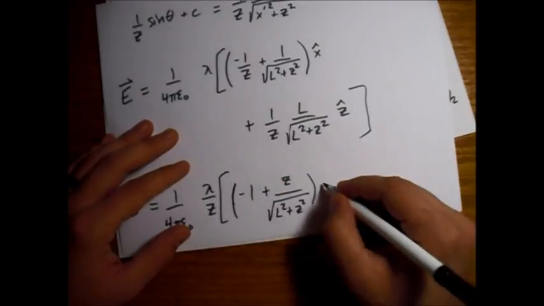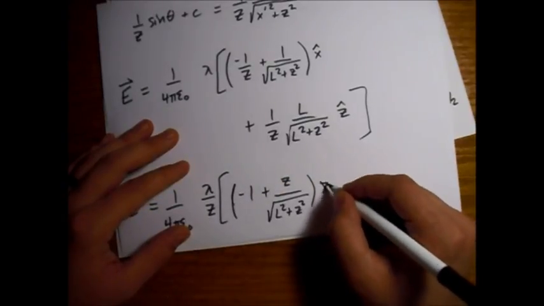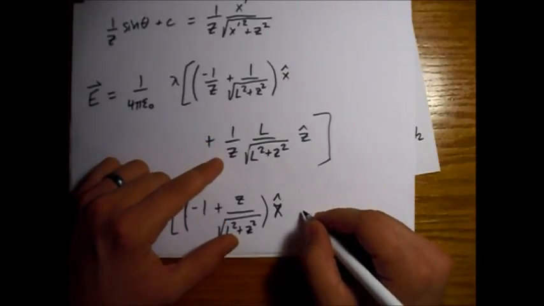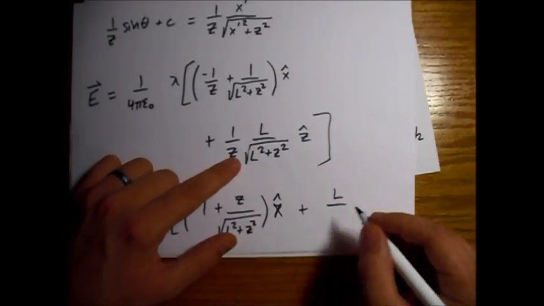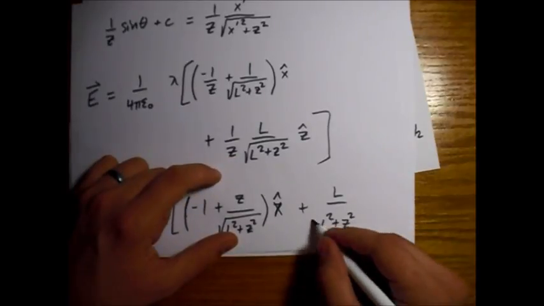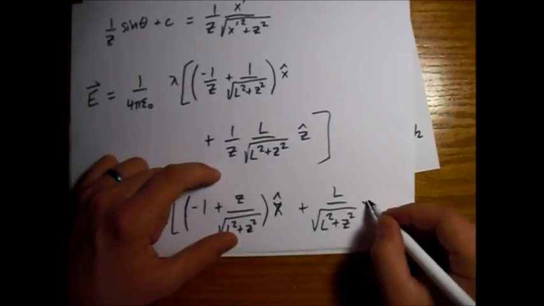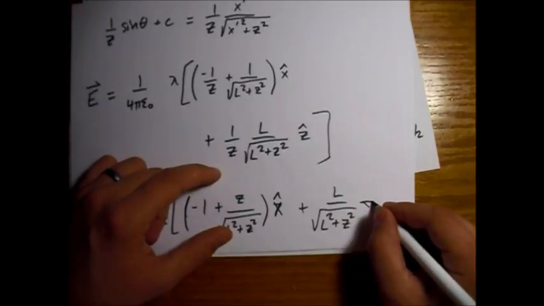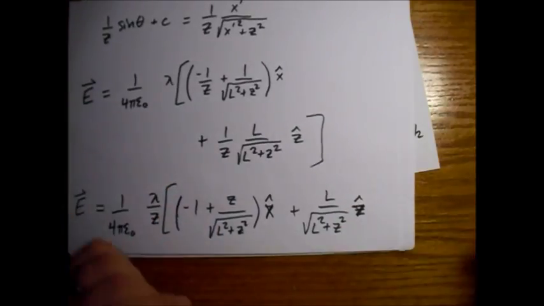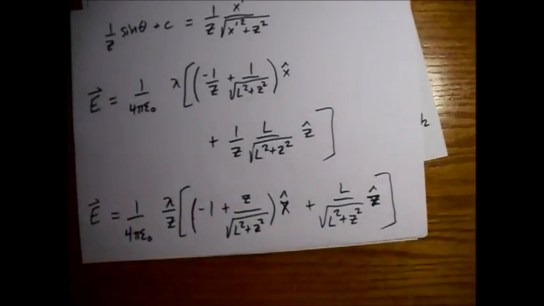Make these parentheses a little bigger. Oops, this is our x direction. And then we just have an L over L squared plus z squared. And now I start writing an x, of course. Here's a z hat direction. All right, so here's our final answer.